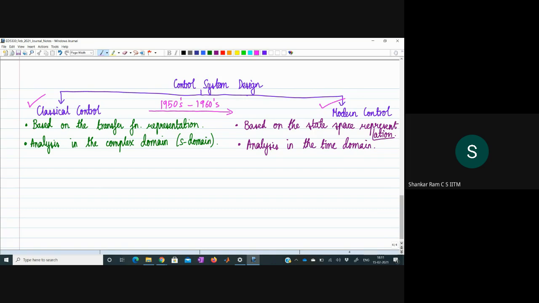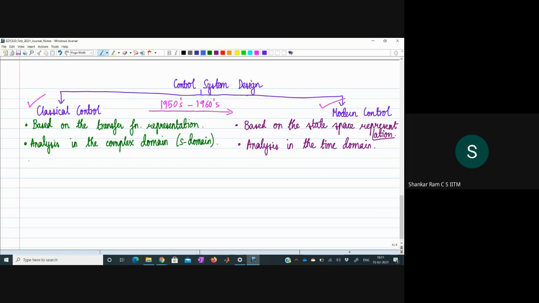So essentially, moving on, as I mentioned, initially we will look at analysis using classical control tools, and then we will study modern control. So let me continue. If we look at classical control, it's based on the transfer function representation.